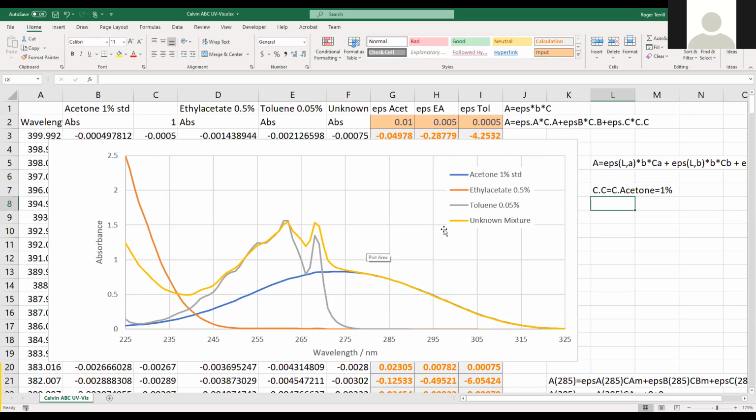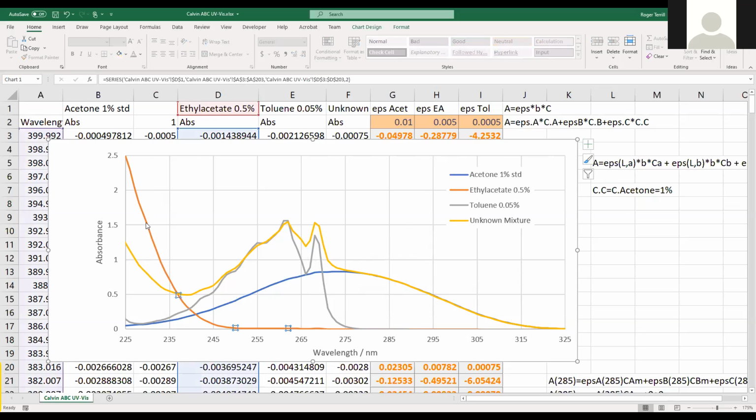Toluene. Yes, exactamundo. Why did you choose toluene, Abby? Because it also kind of matches at certain points. Exactly. That's good. Why not ethyl acetate? Because its shape is pretty much different than our unknown.